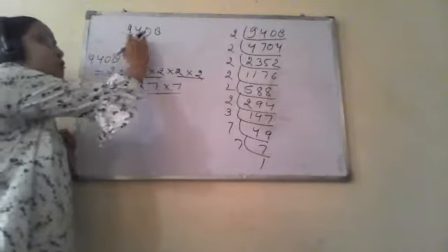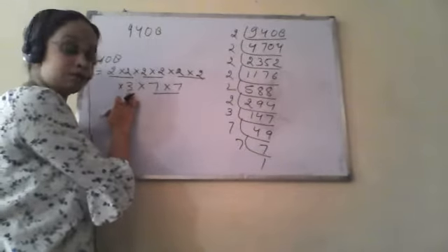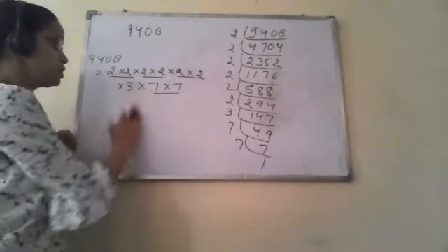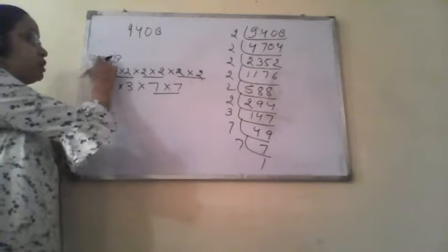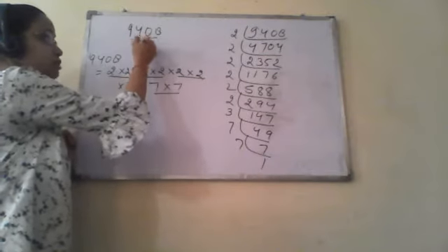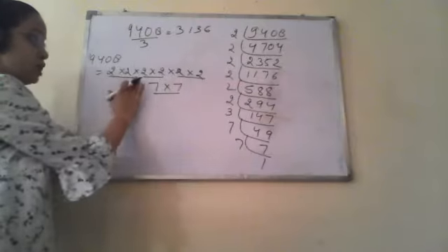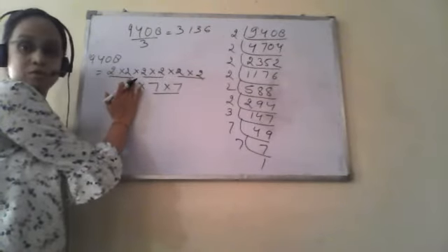So, in order to make this 9408 a perfect square, either we multiply it by 3 so that this pair will be 3 into 3, this pair will be complete, or we just simply remove this number. Removing this number means we will divide this number by 3. So the resulting number will be 3136 and this 3 will be removed simply.